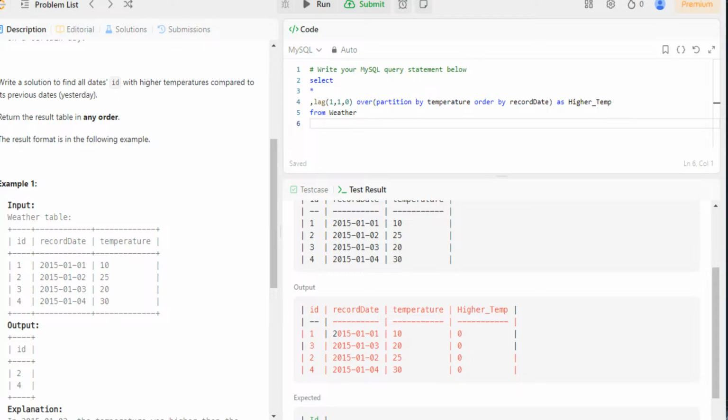But I need, okay. Previous sale. Can we do a Boolean? Can we do a Boolean test? Case when.